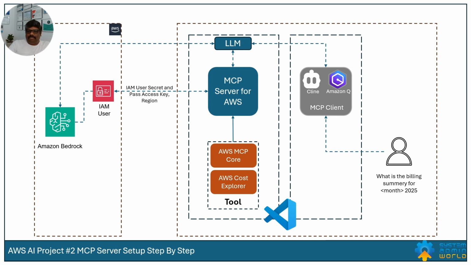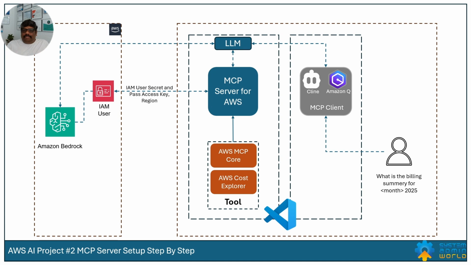But in today's project, we are going to use my local system, where I am going to use Visual Studio Code to set up the MCP server, and for the same I'm going to use Cline as the MCP client, or I can use Amazon Q. There are multiple MCP clients available, or you can develop your own custom client.